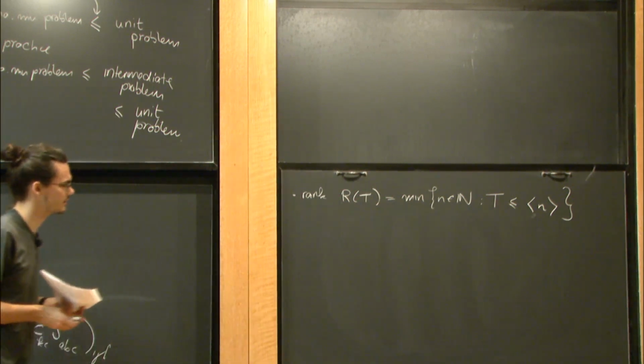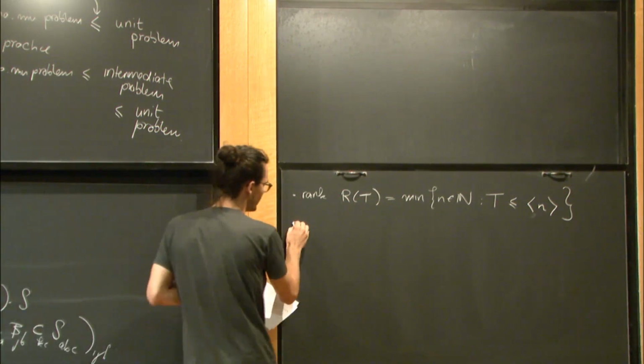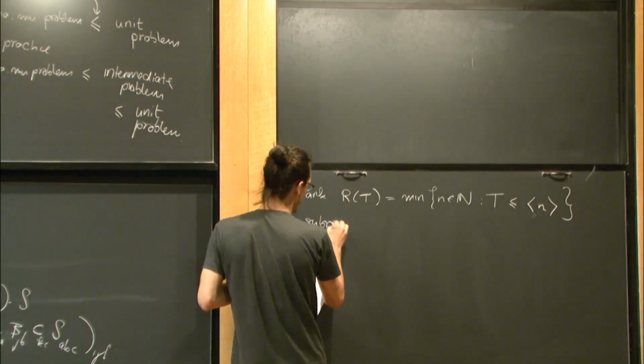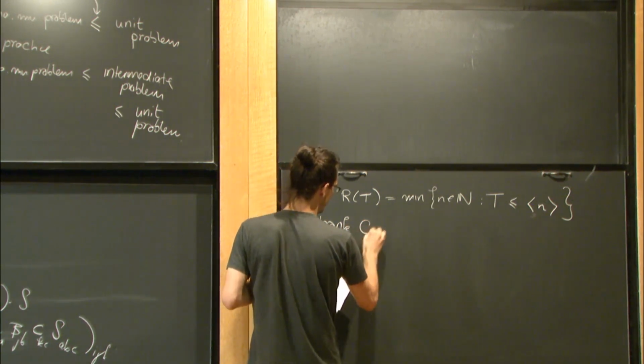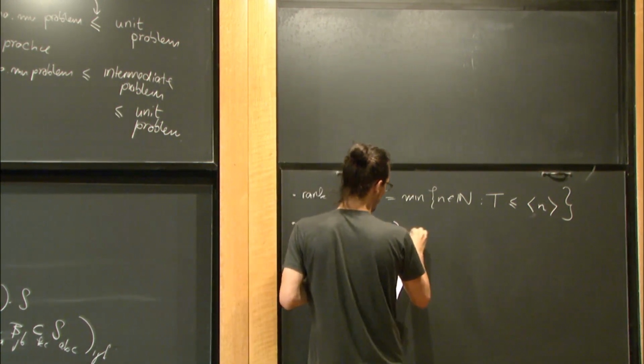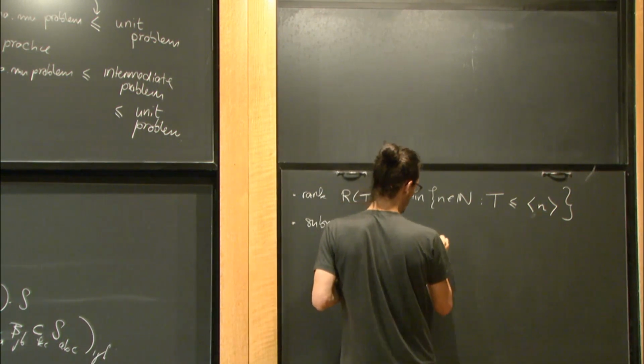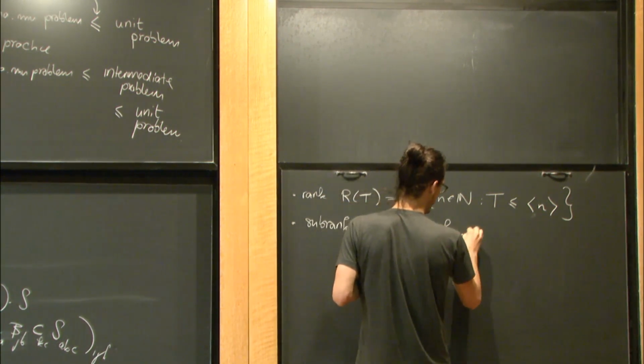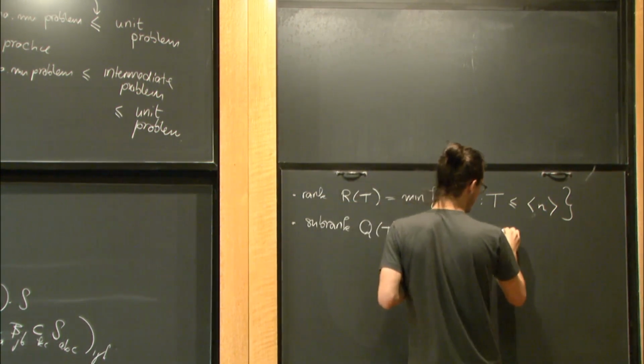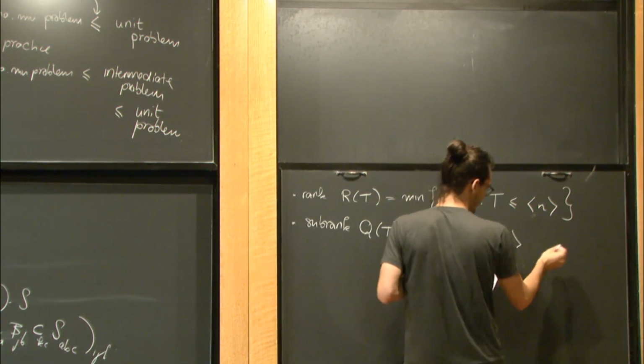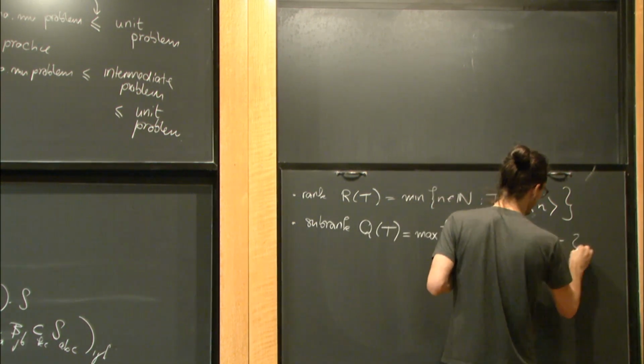I don't know what I did last time. And then there's this opposite notion called subrank, denoted by Q, which is defined as the maximum number n such that this n by n by n diagonal tensor is smaller than T.